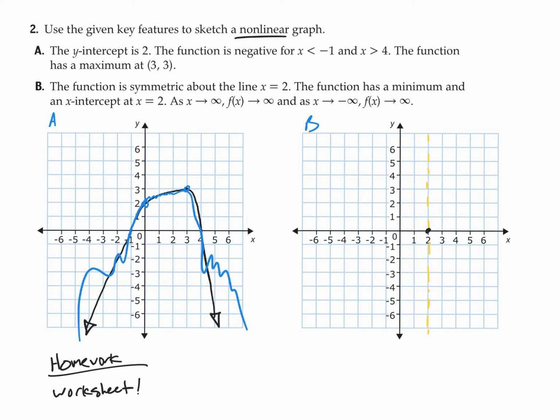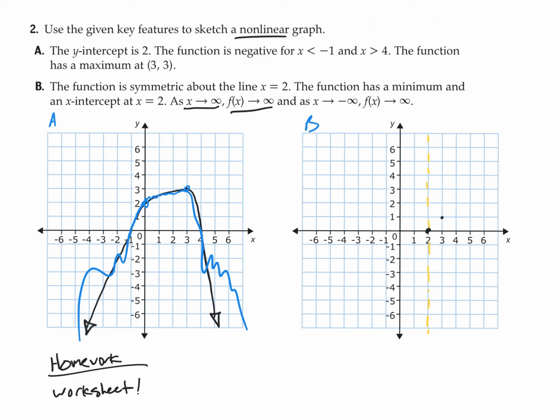And then it says, as x approaches infinity, my function approaches infinity. So that means as I move out this way, my function is going to keep getting bigger. Also, as x approaches negative infinity, meaning as x's get really small, my function also gets really big. So since it's symmetric, I don't know exactly what it's going to be, but I know whatever I draw on the right, I have to draw the same thing on the left. So I'm just going to make up a few points.